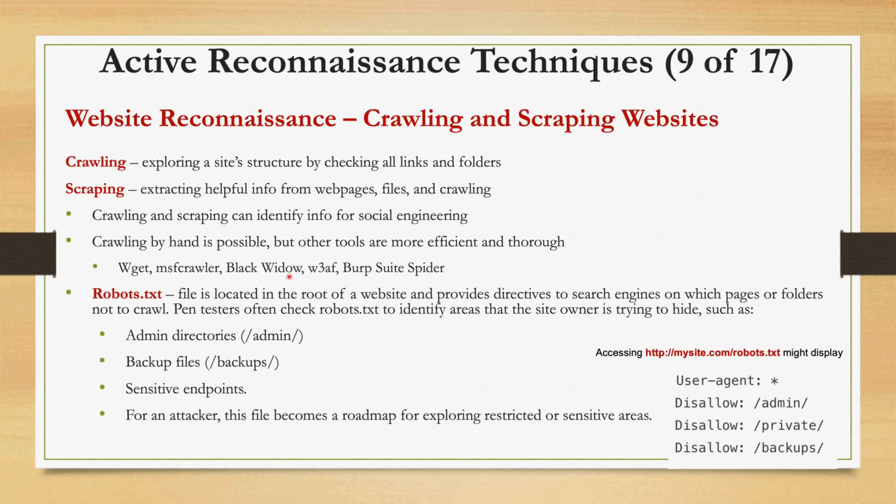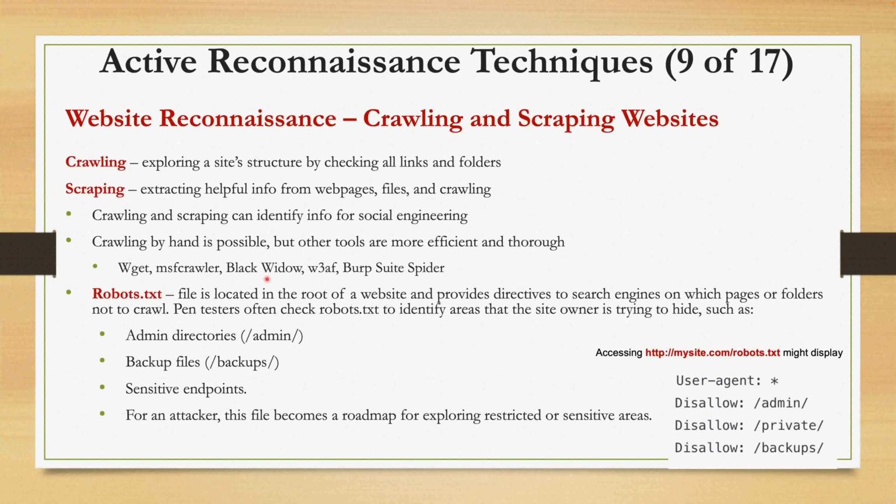So, of course, there are so many tools. If you look at the screen over here, we've got wget. This is a command line tool for downloading content and crawling websites. The MSF crawler is part of Metasploit and maps a site's structure to identify files and directories.